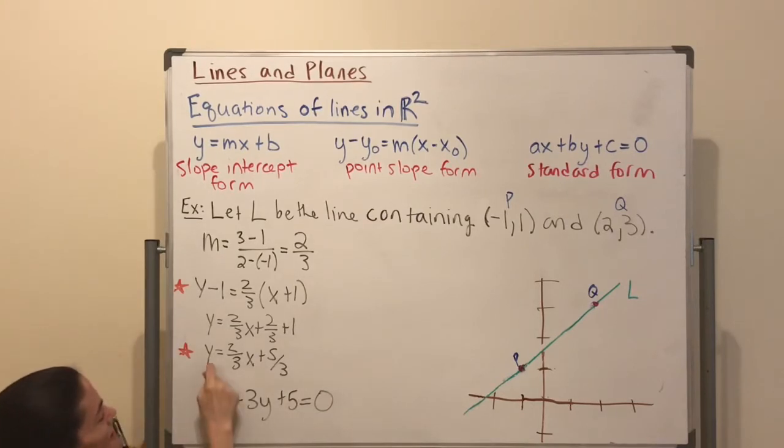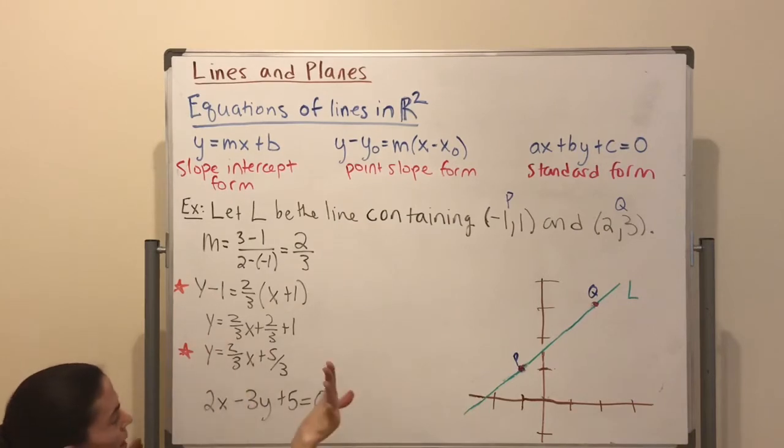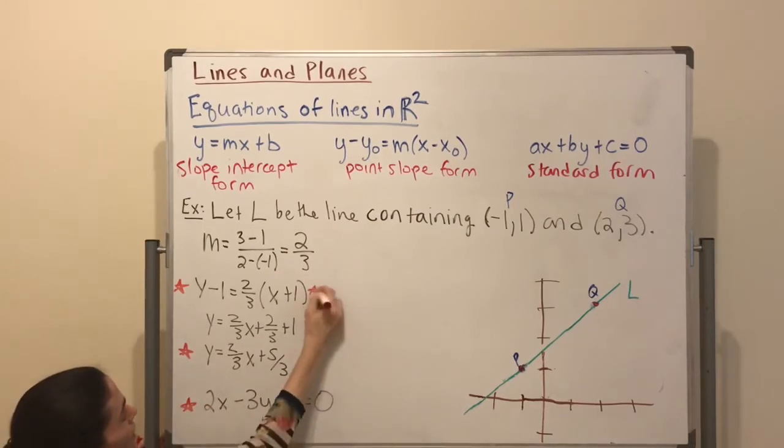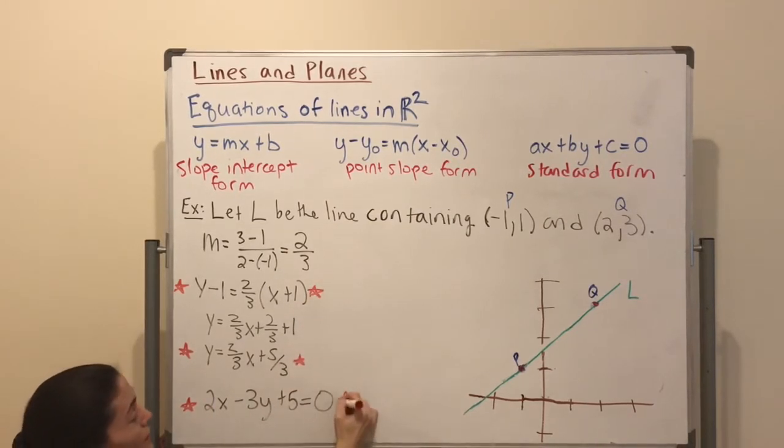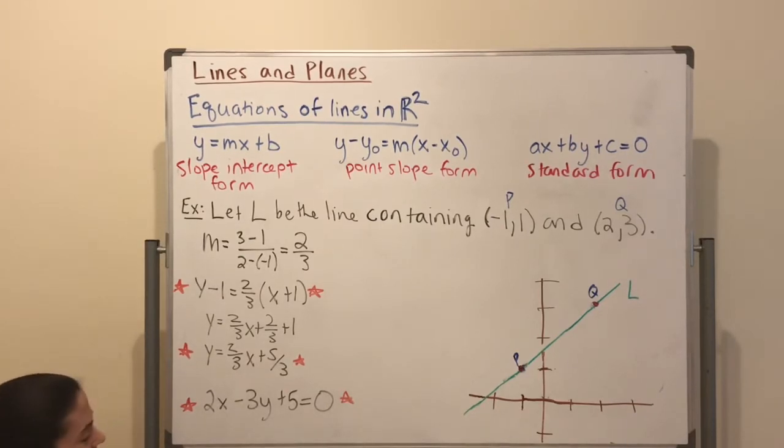All I did is subtract y, you get 0, but I wrote it on this side, and then multiply through by 3. So this is the standard form. So here are our 3 forms at the top.